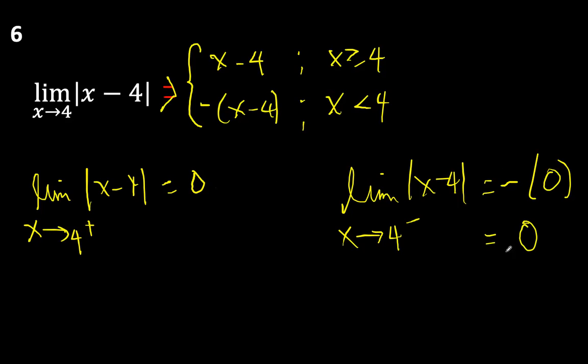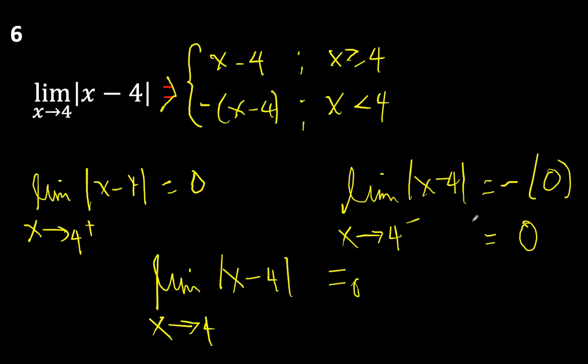And if we look at it, they're both equal. Therefore, the limit of the absolute value of x minus 4 as x approaches 4 is equal to 0. Why 0? Because the one-sided limits are equal. They're both 0. If you sketch the graph of the absolute value of x minus 4, and this is 4 here, then the graph looks like this.